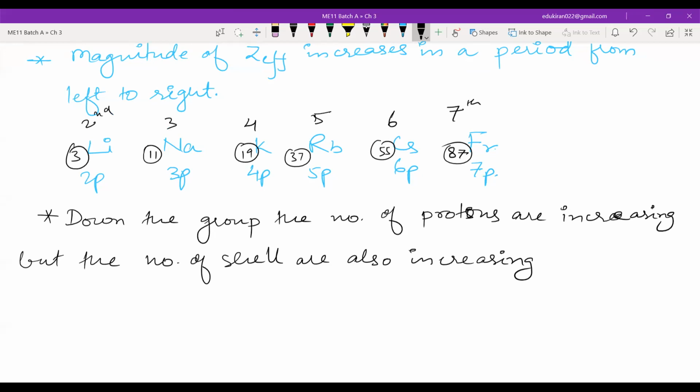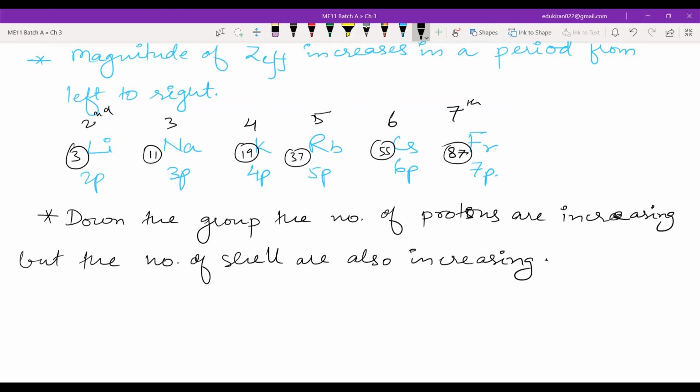Okay. So as we gradually go down the group, what is happening? The number of protons is also increasing, which will increase the effective nuclear charge. But the number of shells is also increasing, which will increase the screening effect. Now the increase in nuclear charge and the increase in screening effect cancel each other out, and hence the Z effective is almost the same.